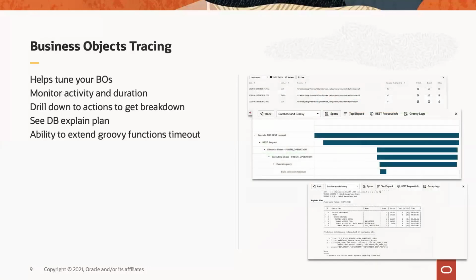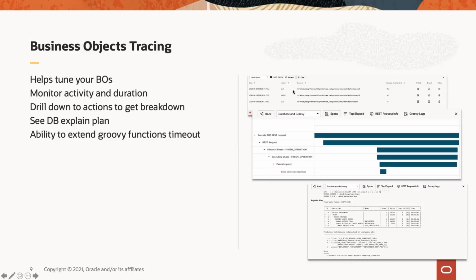So one other new functionality that we added to Visual Builder is tracing of actions on the business object side. So remember, business objects are running in your VB server or OIC server. They access a database, they work with data. Those are business objects that you build with VB. And one of the new functionality we introduced here is the ability to get a log of all the operations they did.